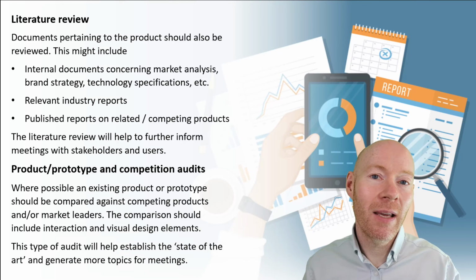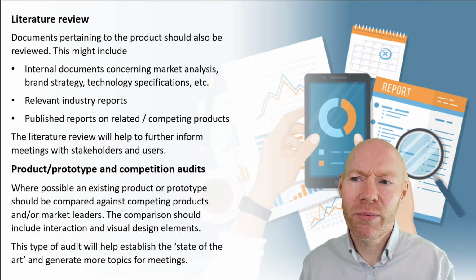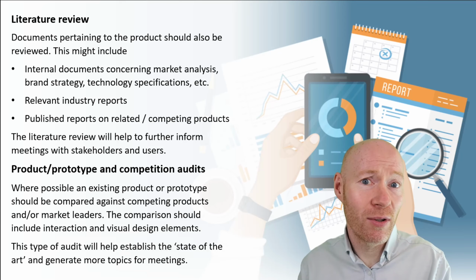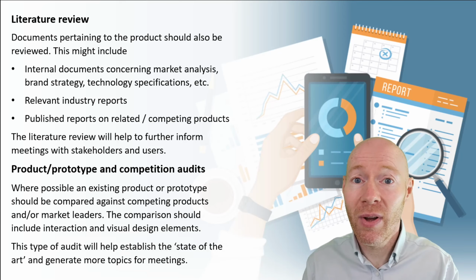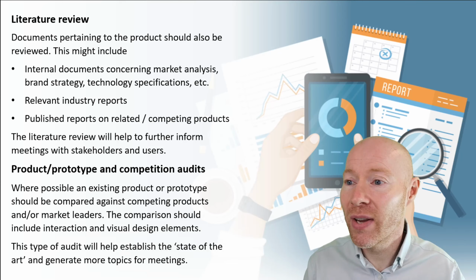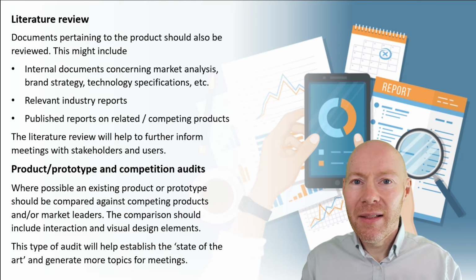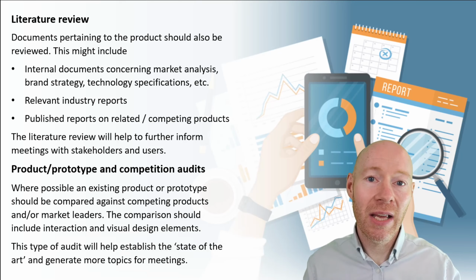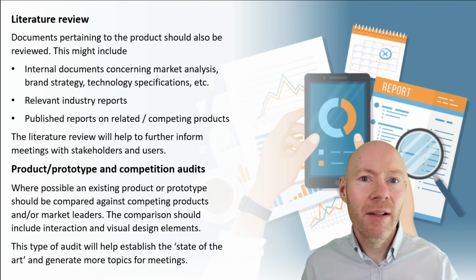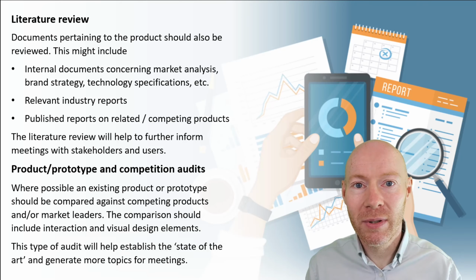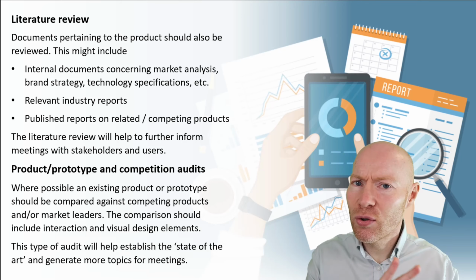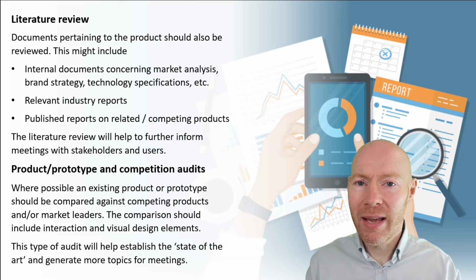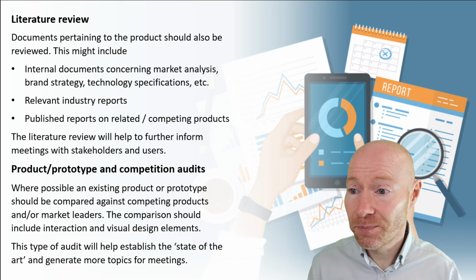And it may also be information on what the competition is, what other options people purchasing this type of service or software have available. That type of information helps give us an understanding of the environment we find ourselves in, the types of questions we may want to ask, and what sort of constraints may apply within that environment.